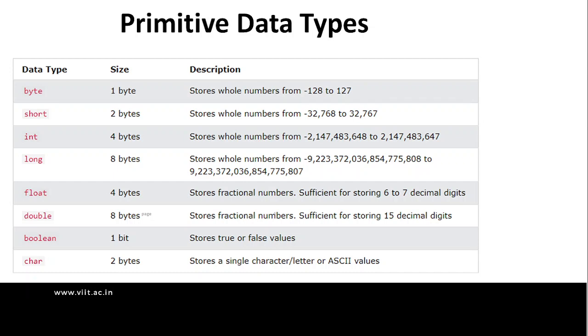Float has a memory requirement of 4 bytes, whereas double has a memory requirement of 8 bytes. Float stores fractional numbers, sufficient for storing 6 to 7 decimal digits. Double stores fractional numbers sufficient for storing 15 decimal digits.